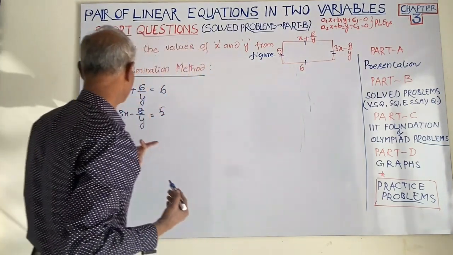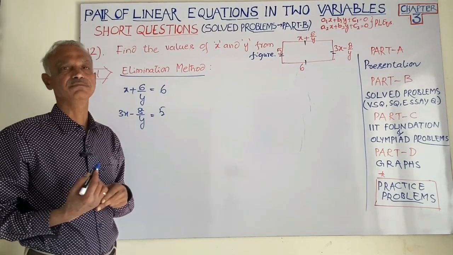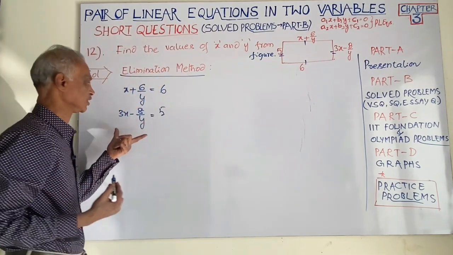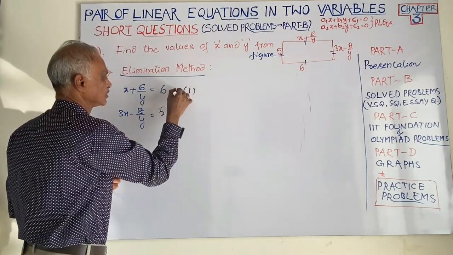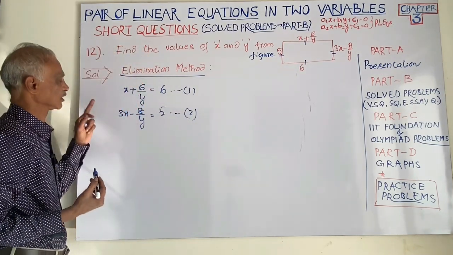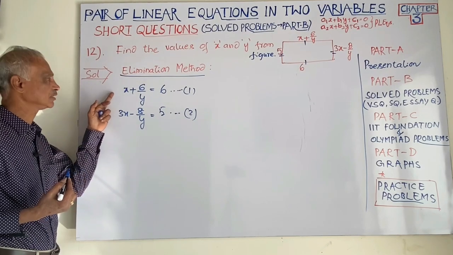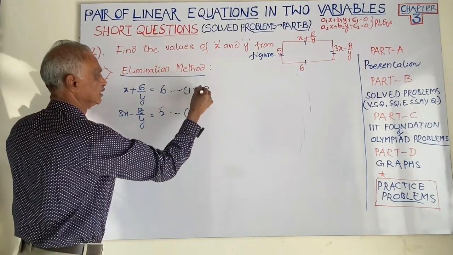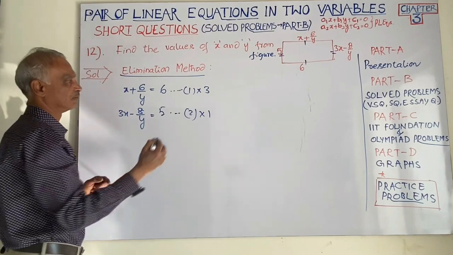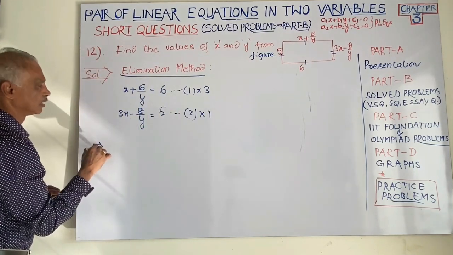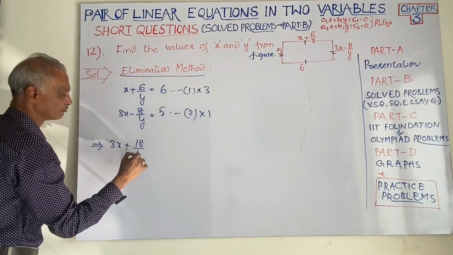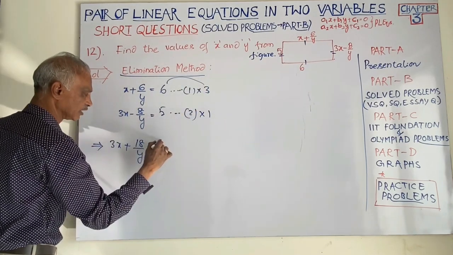Now I want to do the elimination method. Observe these two equations, equation 1 and equation 2. Multiply the first equation with 3: 3 into x is 3x, 3 sixes are 18, 18 by y is equal to 6 threes are 18.